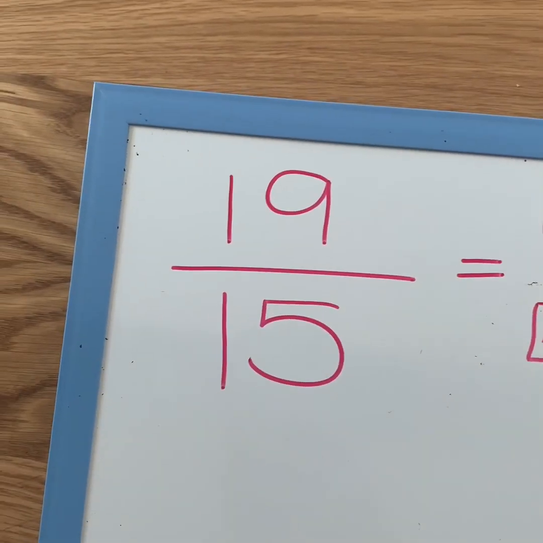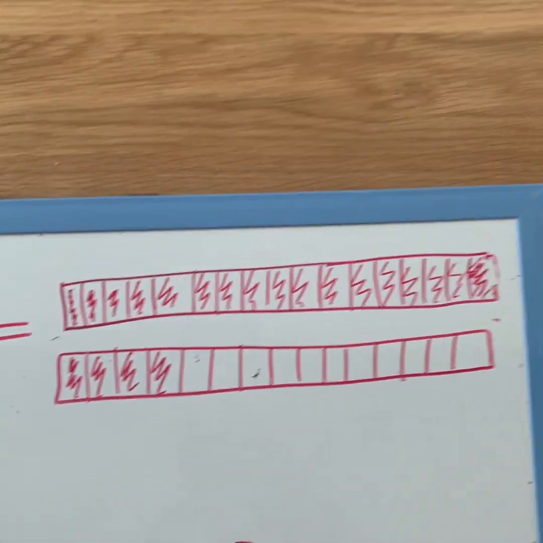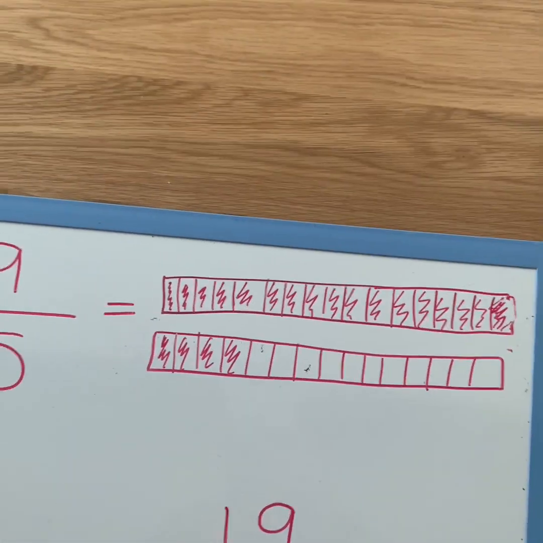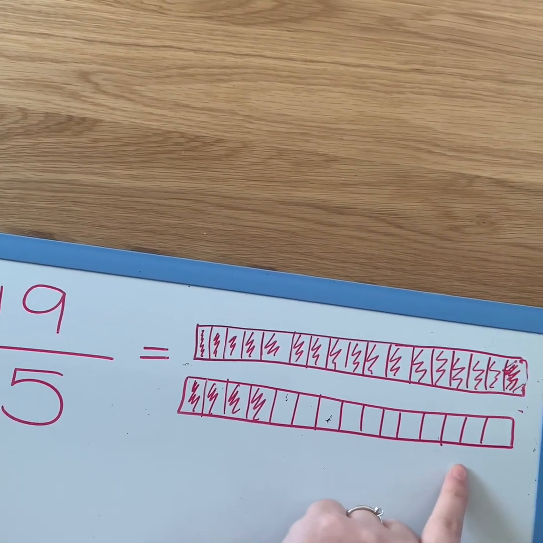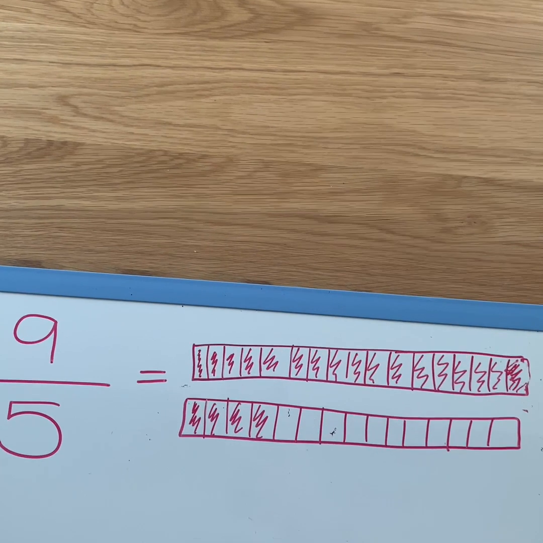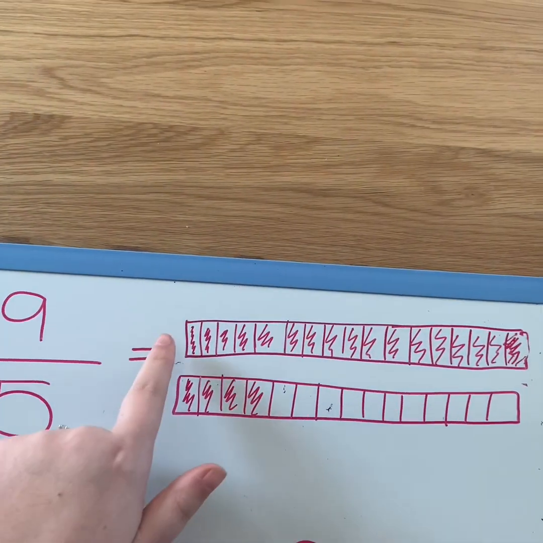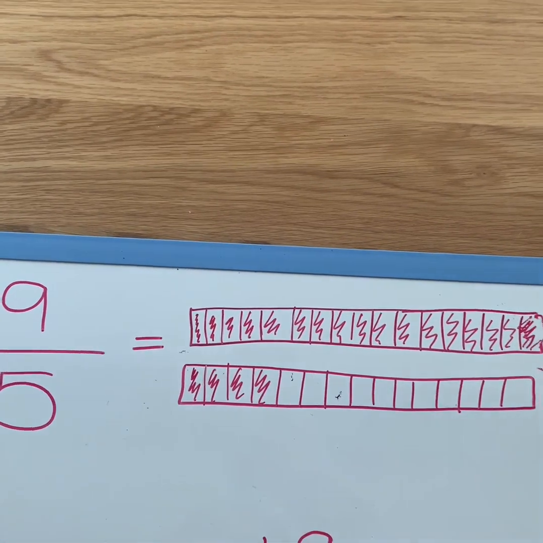So if I was to convert our fraction into a picture representation, I have 19/15. Each bar contains 15 and we have 19 shaded in altogether. So this shows us that we have 1 whole bar filled and 4 left over.